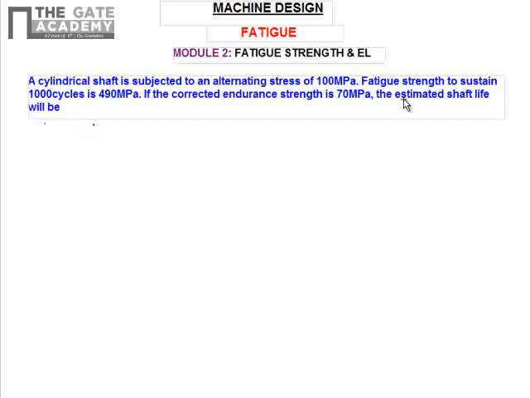Now for 10 raised to 3 cycles, the fatigue strength is 490 megapascal, and for the corrected endurance strength, that is the strength corresponding to 10 raised to 6 cycles, the strength is 70 megapascal, and the alternating stress in the component, SA, is 100 megapascal. So we have to see the estimated life.